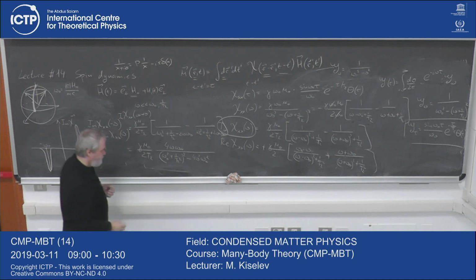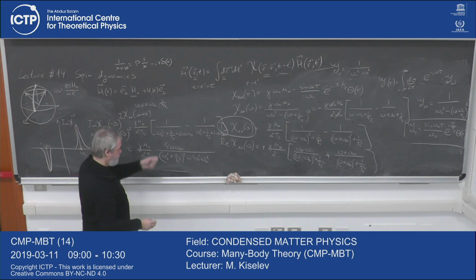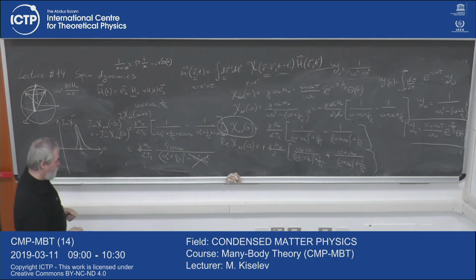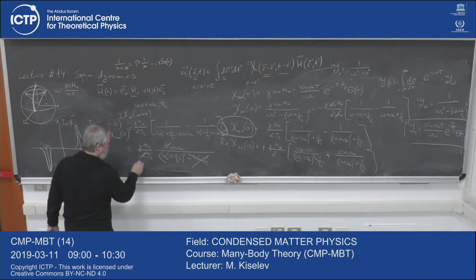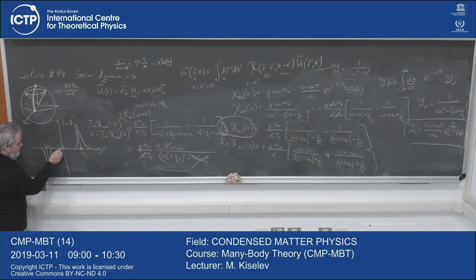Now, since I'm looking for the lowest power in omega, I can disregard this term, and what I obtain is a factor of 2, that I have a linear slope.